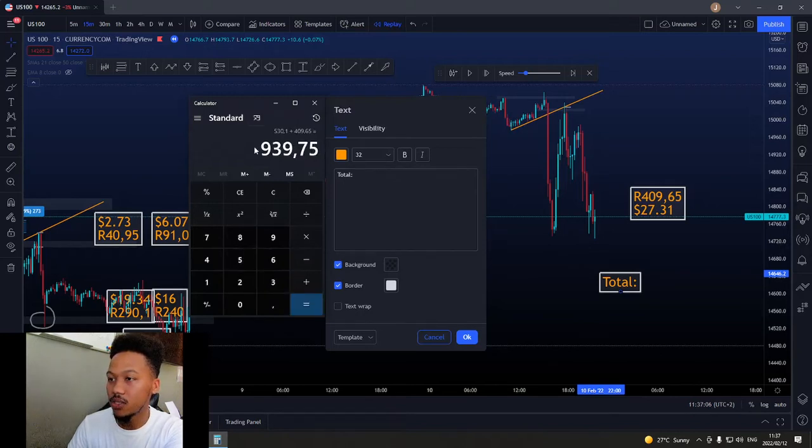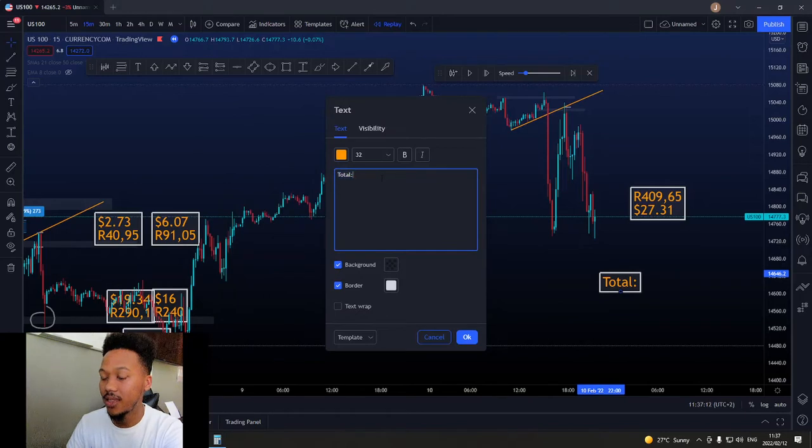Our total is literally 939 ZAR. Who's going to give you that money just like that? That's your profit that you just made.